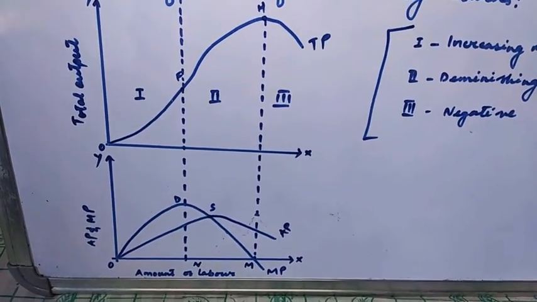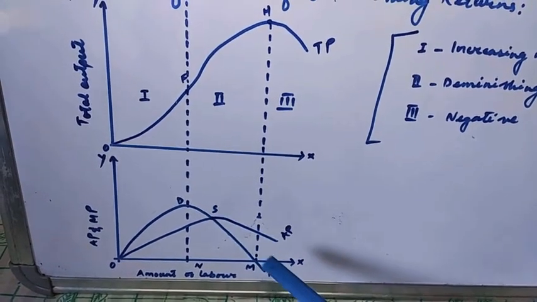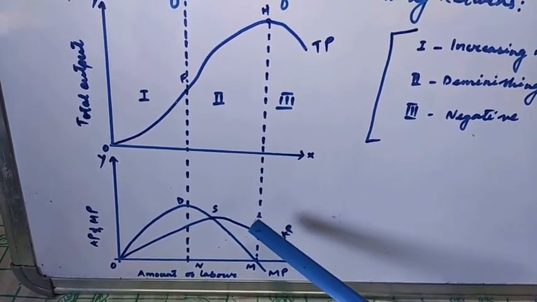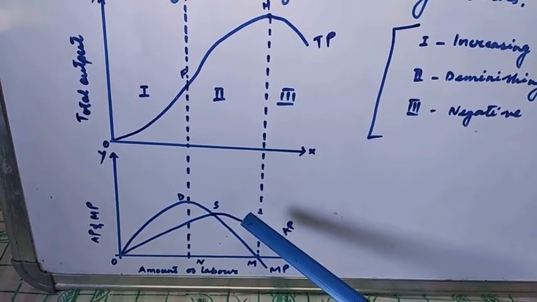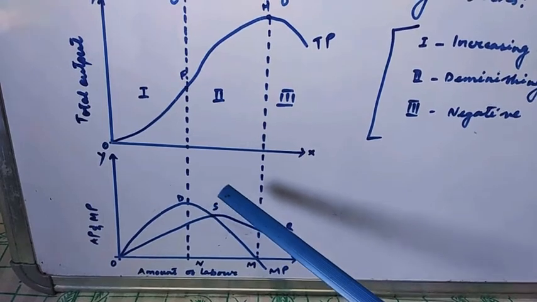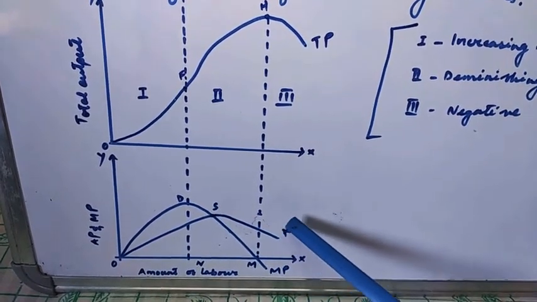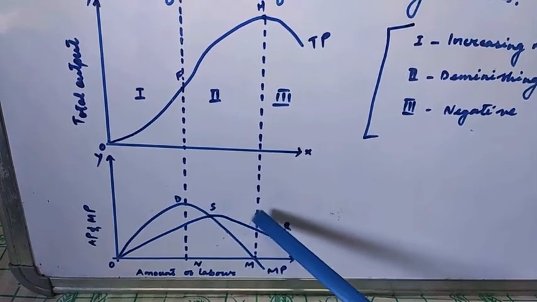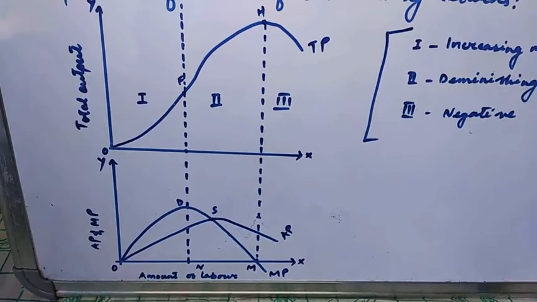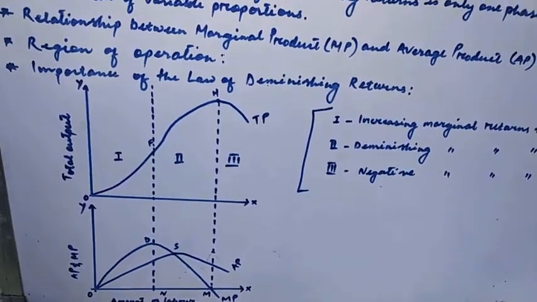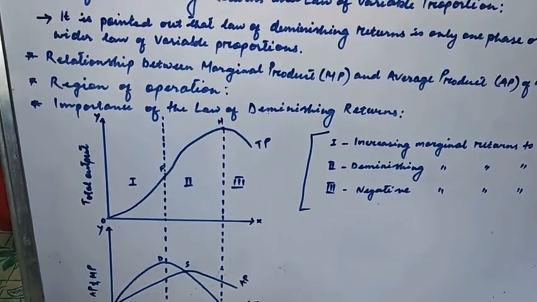So that is why you will see that this marginal product, this MP, cuts the AP curve, or the average product curve of the factor, from the maximum point. So this MP is cutting the AP curve at the maximum of the AP curve at point S. So that is the relation between the marginal product and the average product.